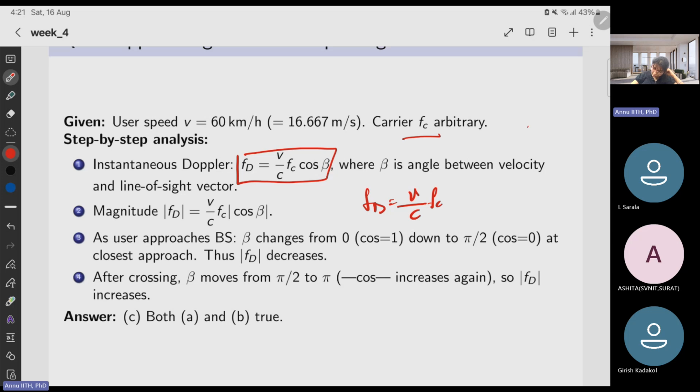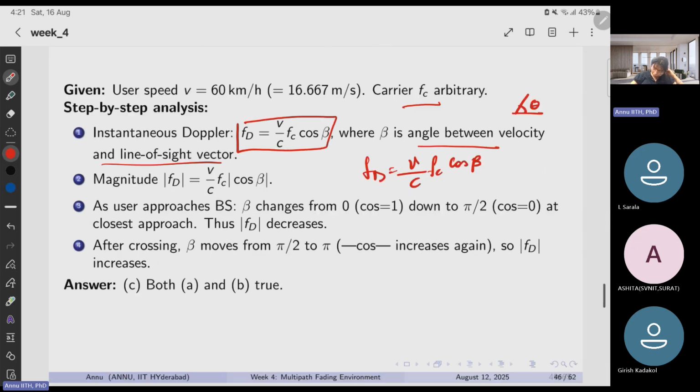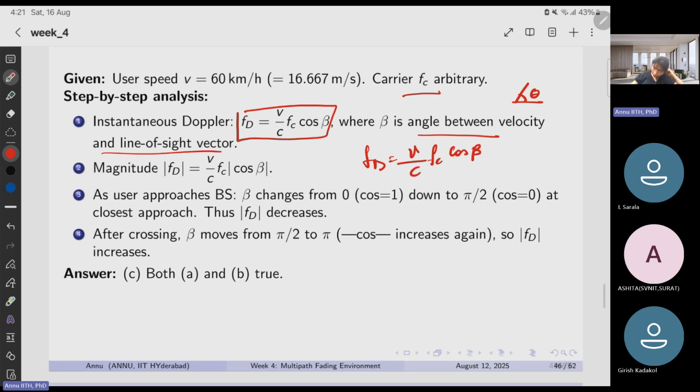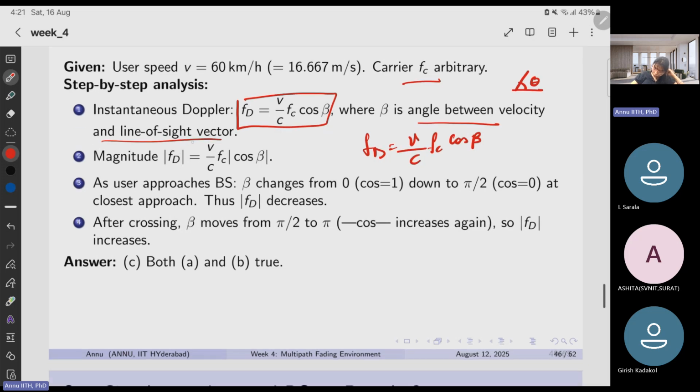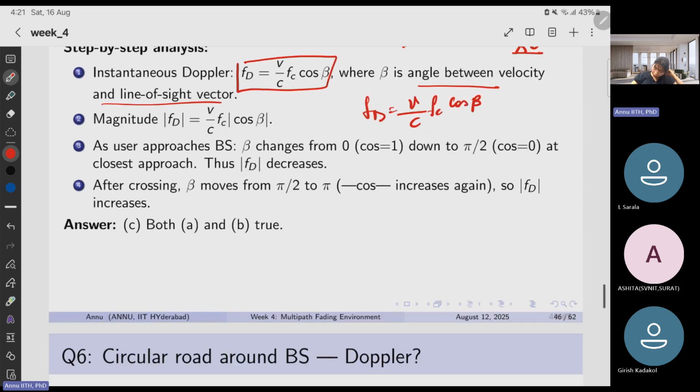But if it has some inclination, which is theta, then it is cos theta, the angle between the velocity and the line of sight vector. So if the angle is given, how will you calculate? Magnitude of FD is equal to V by C, FC into cos of beta.